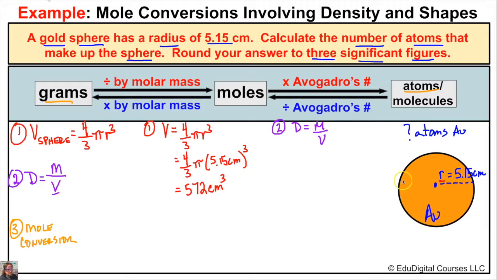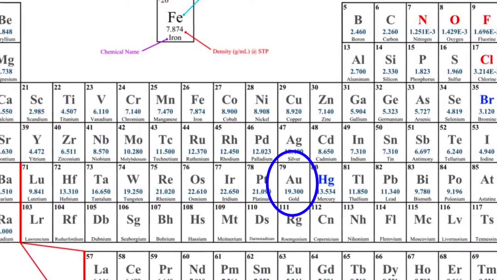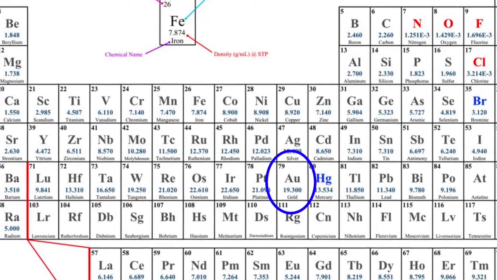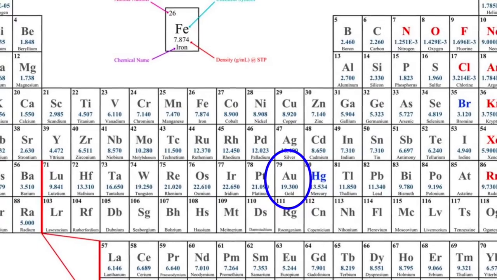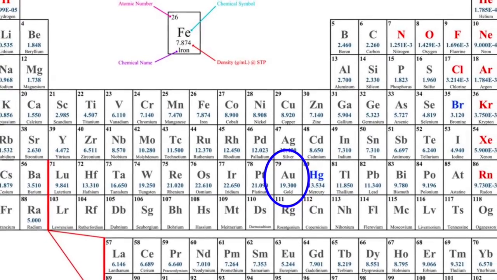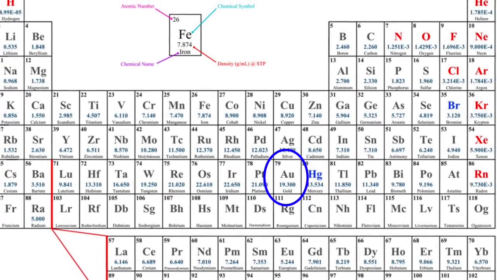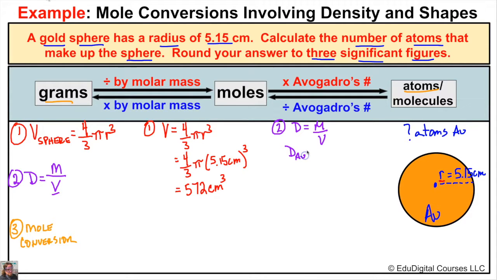And so if you take a look at the density table that just popped up, you will see that gold has a density of 19.300 grams per cubic centimeter.